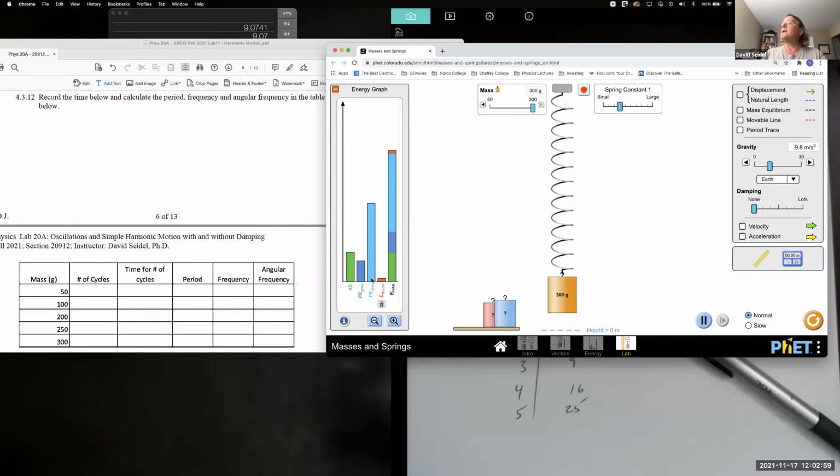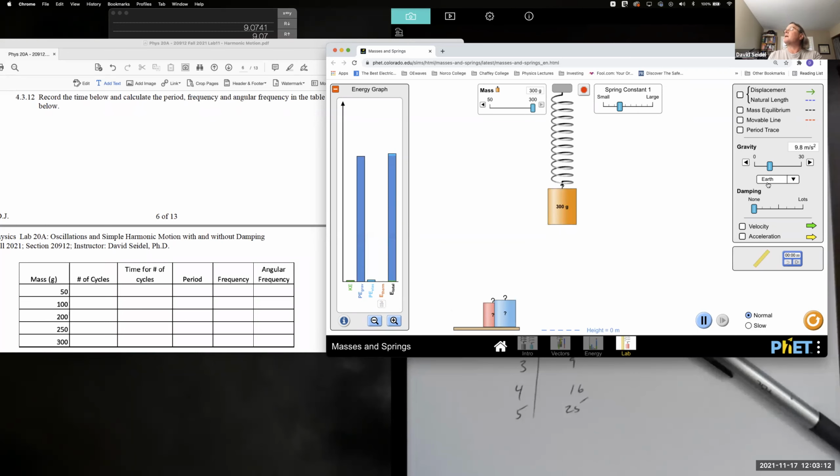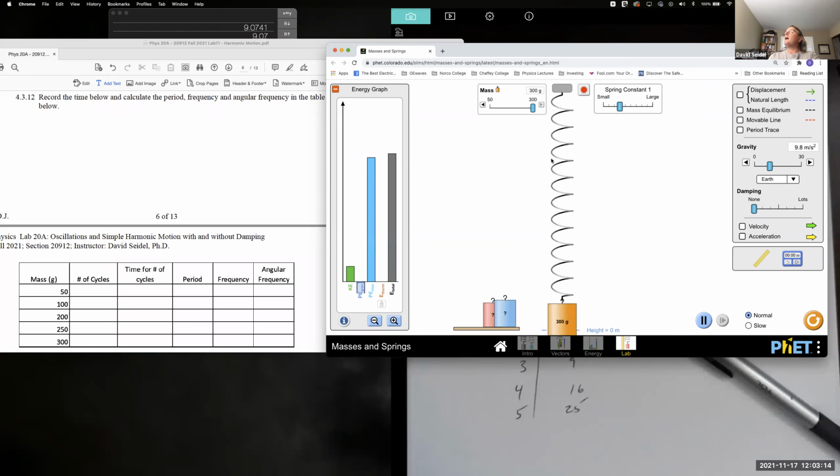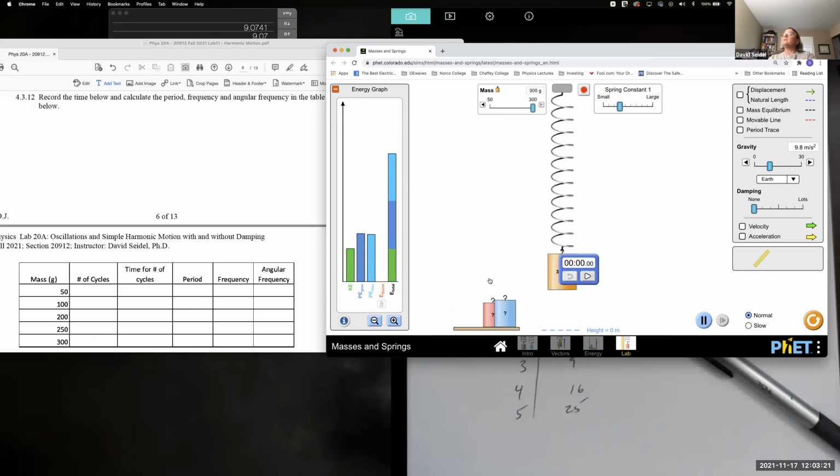This is showing kinetic energy, gravity potential energy, elastic potential energy, E total, and E thermal. Now we're going to trash all these because we're not having any damping right now. If I want to put on my 300 gram mass, pull this guy out.